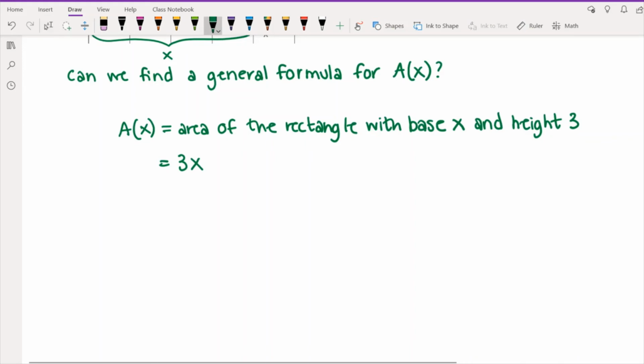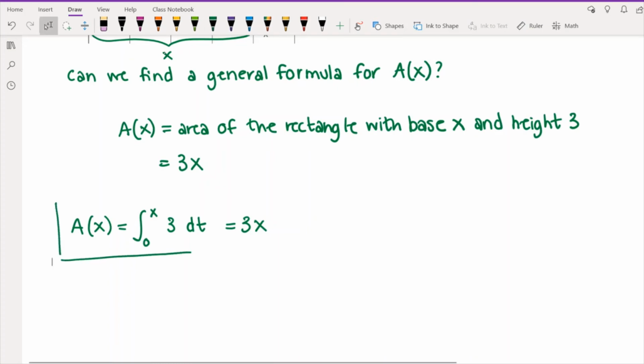So just to put it all in one place, if our original function was a of x is the integral from 0 to x of 3 dt, we found that a of x was also the same as just 3x. So you could write it in the fancy way with the integral, or you could just say, hey, the area is going to be 3 times x. So again, I know I'm being a little mysterious, but in the next video, we'll see why this is significant or interesting.